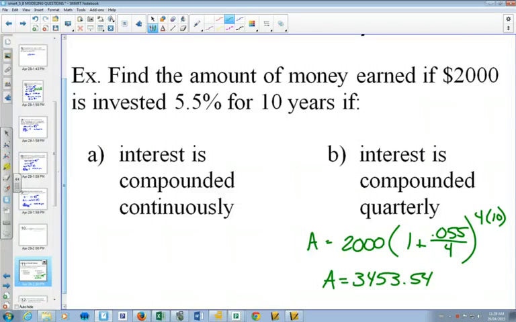And now we're going to look at the same thing if it was compounded continuously. And get prepared to be disappointed.